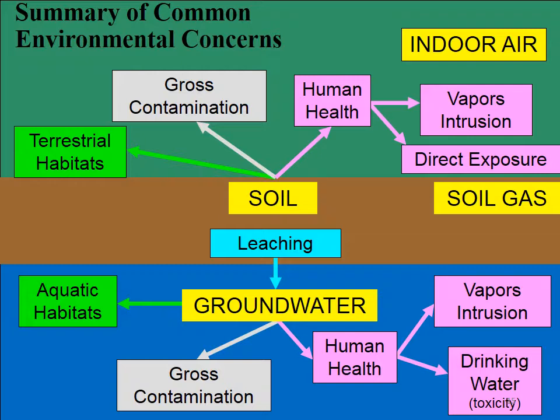So that's a little bit separate, but for these other hazards, we have EALs for each of our hundreds of chemicals of concern developed for each of these environmental hazards that apply to that chemical. And then with groundwater, the same sort of thing. We have EALs for drinking water toxicity, vapor intrusion, gross contamination, aquatic habitats, as they might apply for a given site.